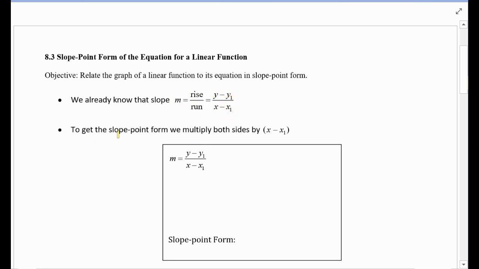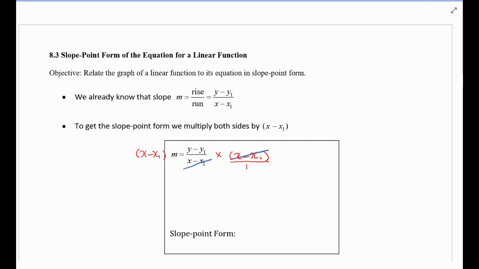To get the slope-point form, we multiply both sides by x minus x1. Then we will be able to get rid of the bottom, right? x minus x1 is the same as x minus x1 over 1. Then we can cancel this.